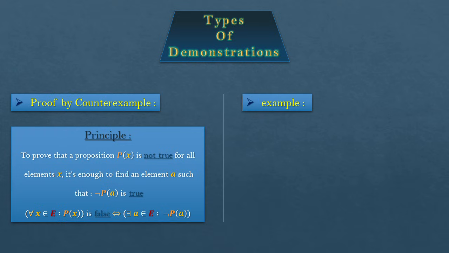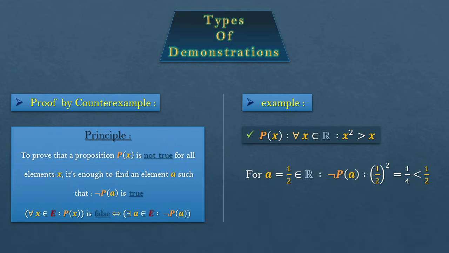And for example, if we have a proposition P(x) which states that whatever the value of the real number x, the square of x is strictly greater than x, then we can refute it by stating that there is an element a of the set of the real numbers R, which is 1/2, such that not P(a), which states that the square of 1/2 is strictly lesser than 1/2, as the square of 1/2 is equal to 1/4. So here we have proved that the proposition P(x), which states that the square of every real number x is strictly greater than x, is false.